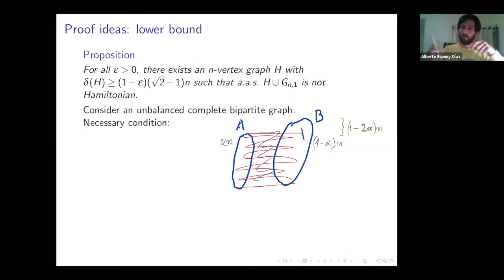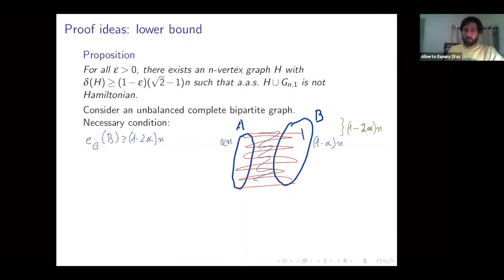And now I can take one extra step inside of one part before going to the other and continuing as before. So that should tell us that the necessary condition that we want is that the number of edges in the graph G inside of the set B should be at least 1 - 2 alpha.